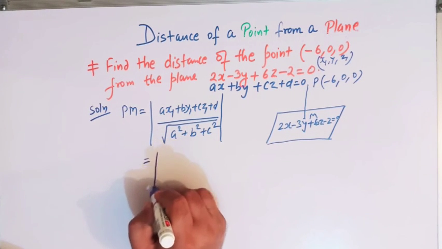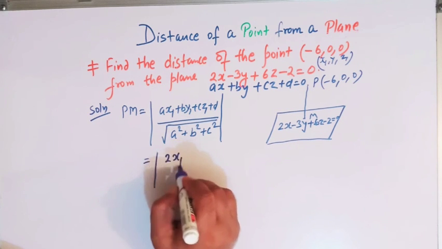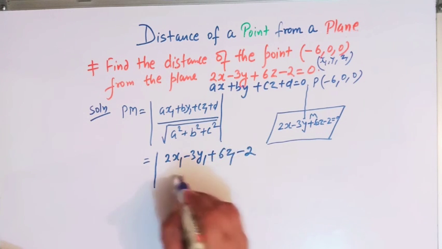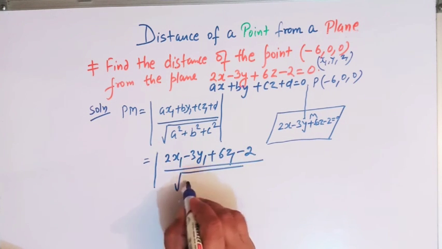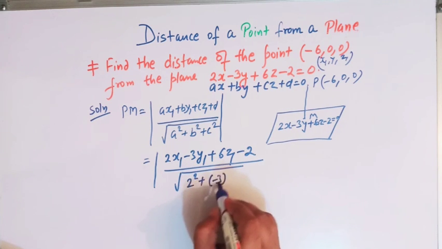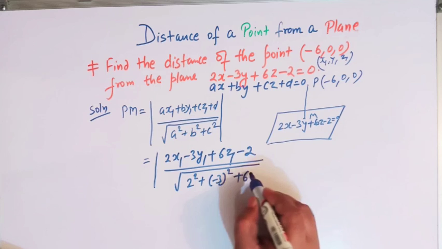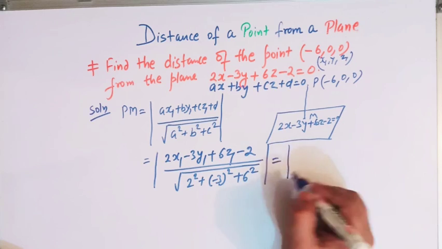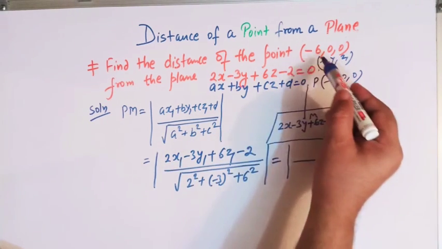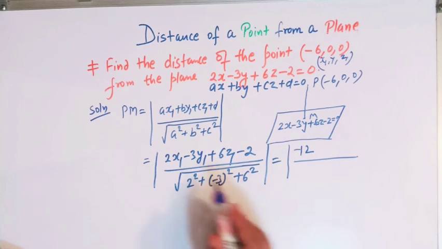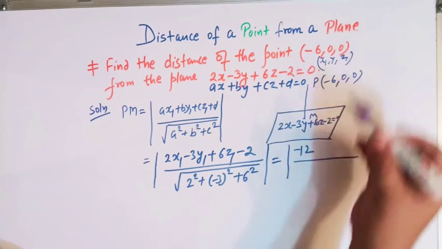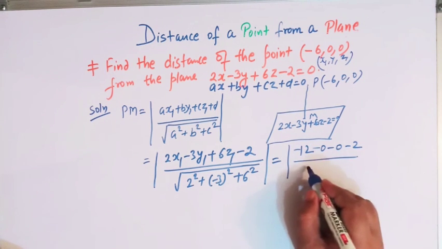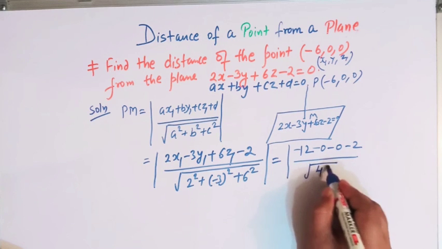So here we have 2x1 minus 3y1 plus 6z1 minus 2, divided by square root of 2 square plus minus 3 square plus 6 square, right? Now if we substitute these values, for x1 we write minus 6, so here we have minus 12, y1 and z1 are 0, so we have 0 0, and then we have minus 2, and this is root 49, right?